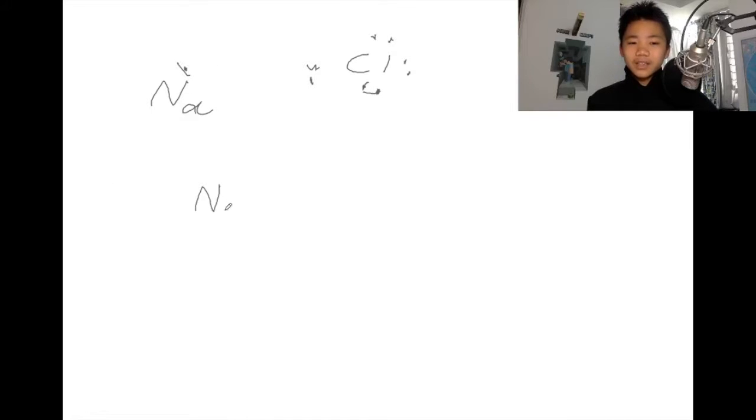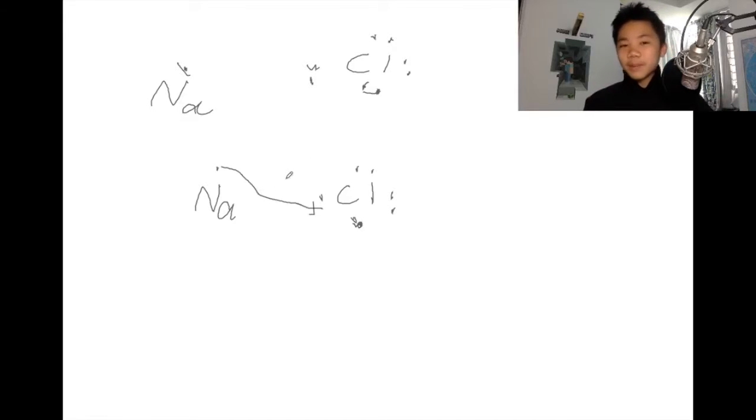If we take a look at sodium with its 1 valence electron and chlorine with its 7 valence electrons, it'll be easier if sodium would just give this valence electron to chlorine, because then chlorine would get 8 valence electrons in its outer shell, and sodium will lose the 1.